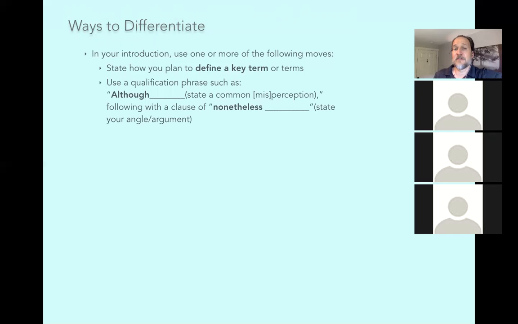A second move is to use some kind of qualification phrase, like although, nonetheless. This allows you, again, to push off a misperception. So again, we're doing the DD move. We're defining, differentiating. So although blank believes this, nonetheless, we need to explore blank, or we need to uncover something that's been hidden in that classic definition.